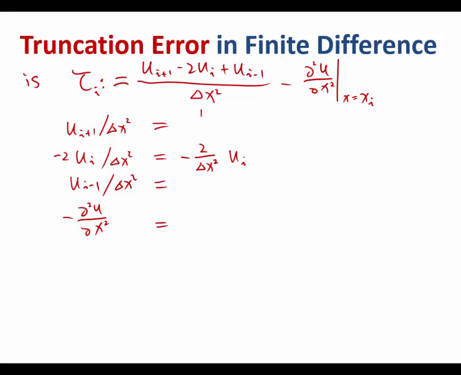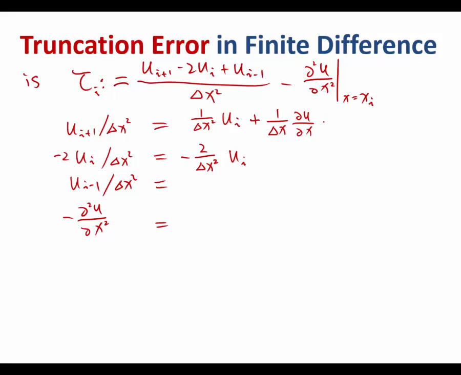For the first one, I have 1 over delta x squared times u i, but there are more terms relating to the first order derivative, second order derivative, etc. For the first order derivative, u i plus 1 has plus delta x times the first derivative. So the delta x cancels with one of the delta x squared, becomes 1 over delta x, and I have partial u partial x at grid point i.